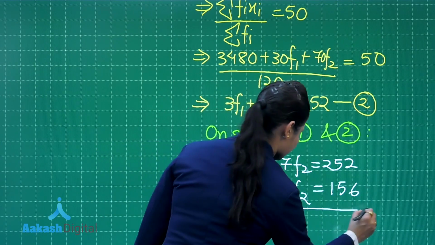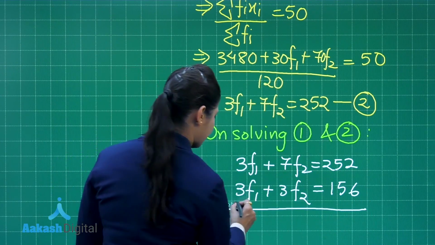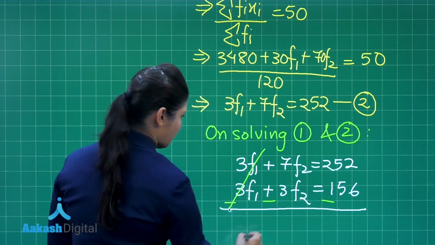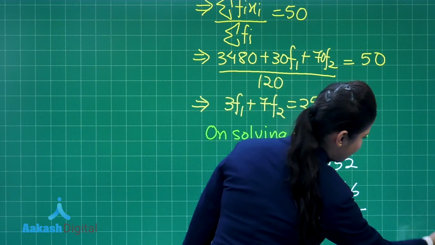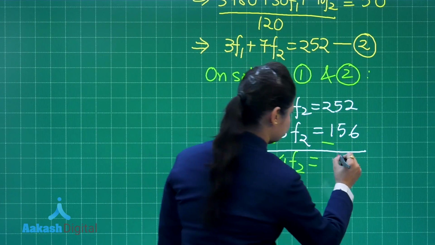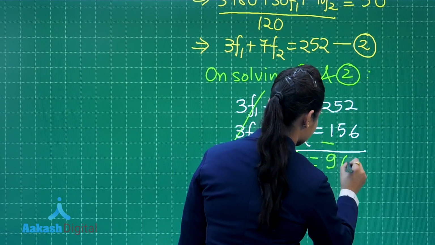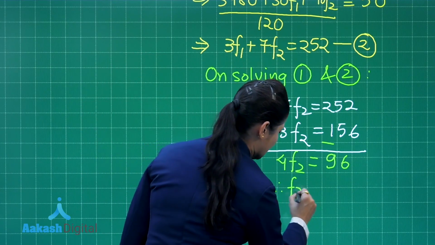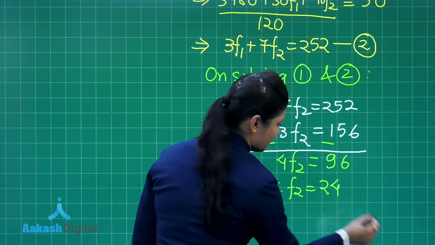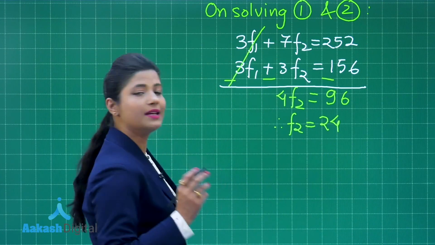Subtracting, we get 4F2 equal to 96. On solving this further, I get the value of F2 equal to 24. So F2 is obtained. Let's substitute it in equation number 1.